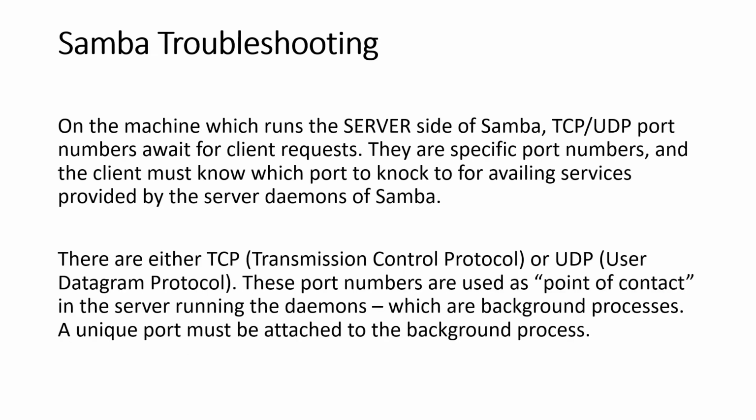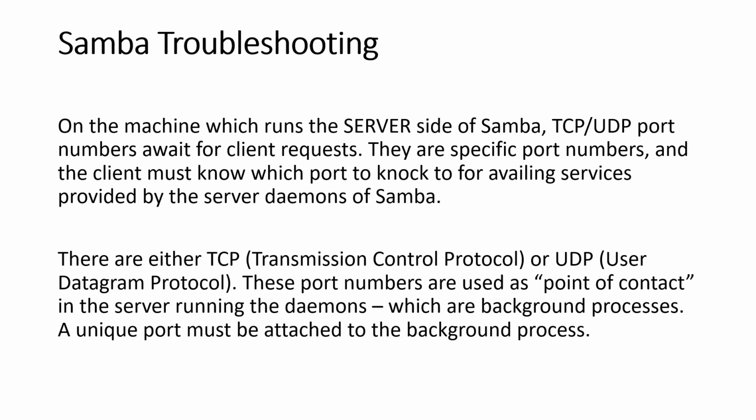On the machine which runs the server side of Samba, TCP/UDP port numbers await client requests. They are specific port numbers and the client must know which port to knock on for availing services provided by the server daemons of Samba. These are either TCP, Transmission Control Protocol, or UDP, User Datagram Protocol.